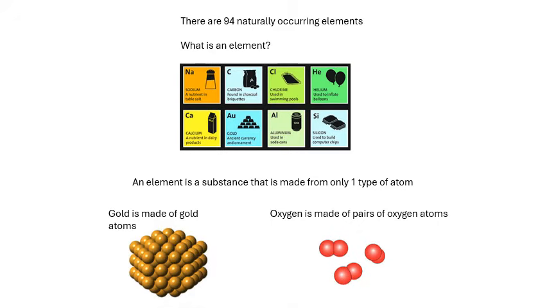They used to think that water was an element, but now we know it's not. Now we know it's hydrogen and oxygen, isn't it? H2O. But an element is a substance made of one type of atom, and there are 94 naturally occurring elements.